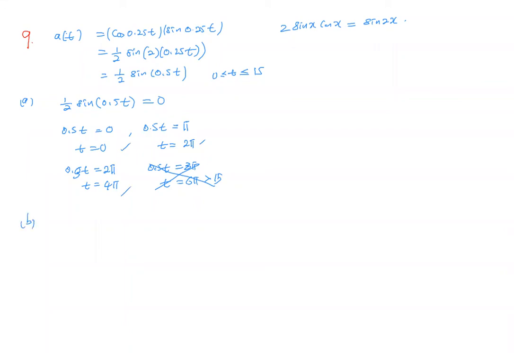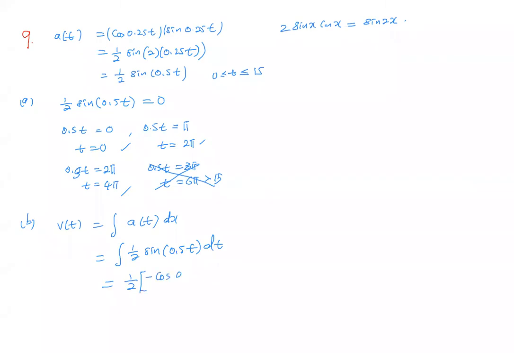Okay, part B. If you want to find velocity, you have to integrate acceleration. All right? So when you integrate sin 0.5t, what do you get? Negative cos.